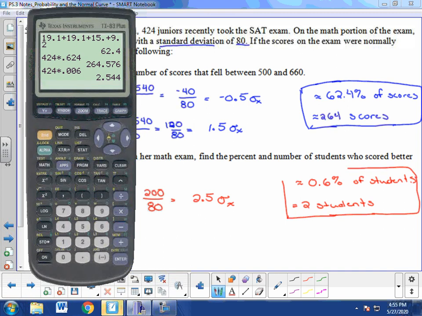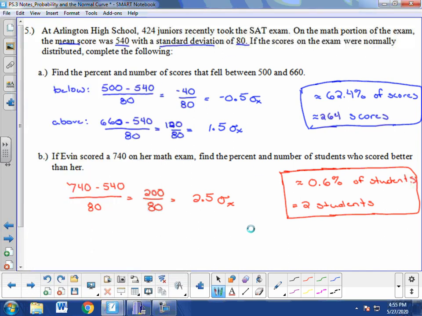So she had one of the top scores in the class, and there were 2 who did a little better. So we can use this normal distribution curve to figure out information about the data or about specific points, specific student scores, people that fall within a set range, even if we don't have all those scores laid out for us.